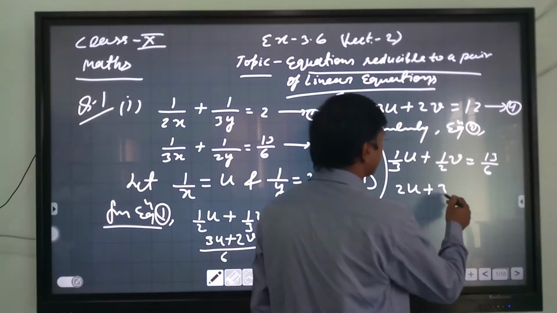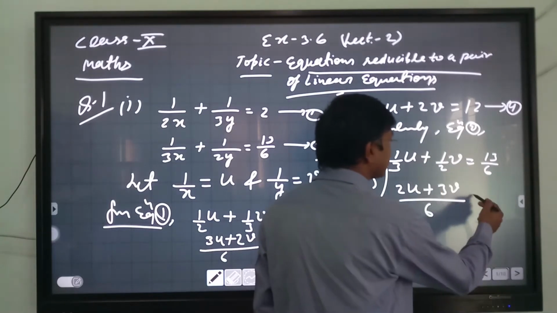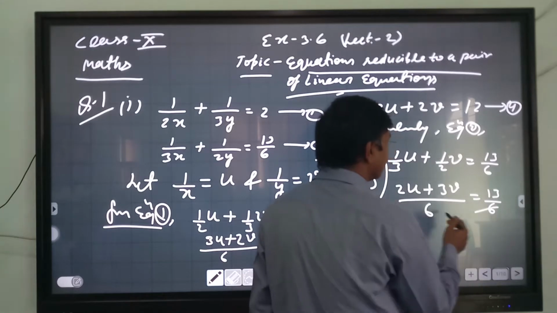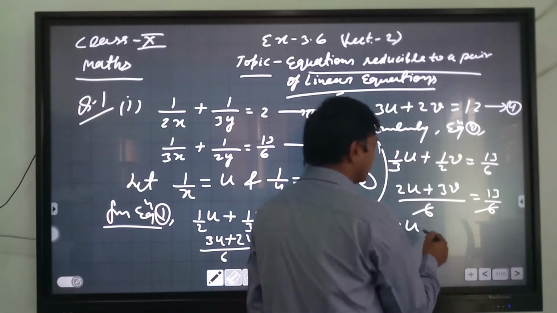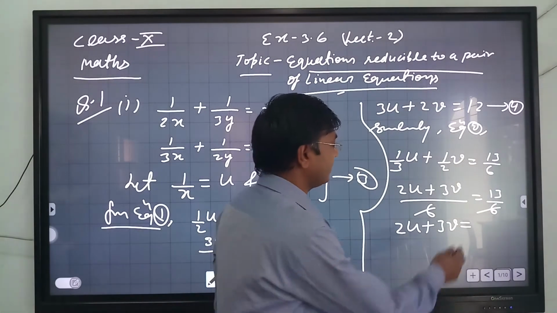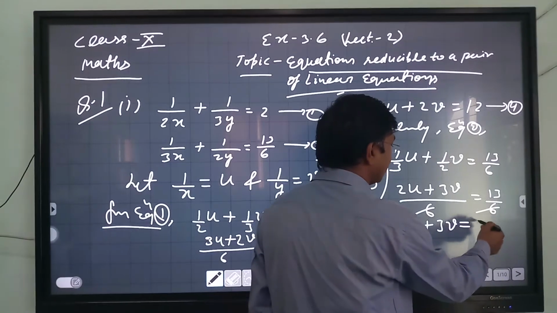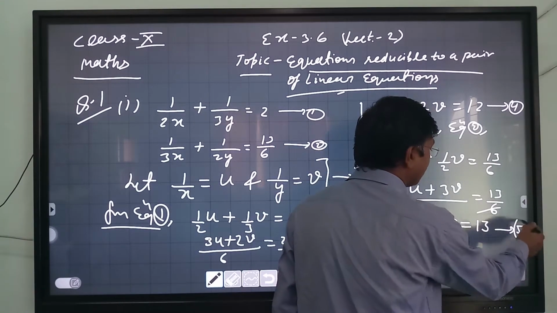So 2u plus 3v upon 6 equals 13 by 6. Cancel out by cross multiplication. I have cancelled directly. So 2u plus 3v equals 13, and this is equation 5.